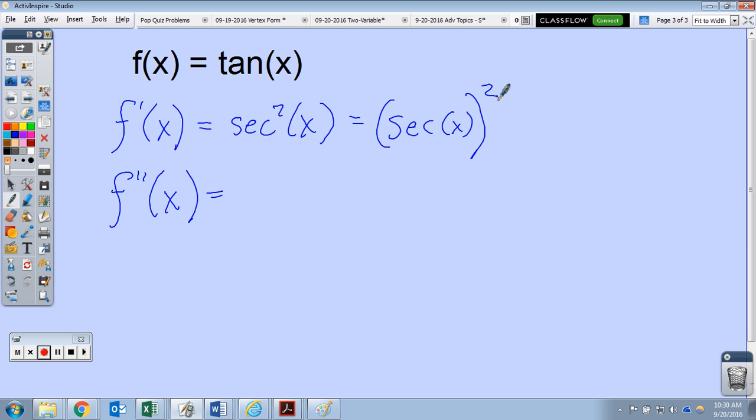So to do chain rule, look at the exponent on the outside, bring it to the front, leave the inside alone, drop this down a power, times the derivative of the inside, of the guts, if you will. Okay? And the derivative of secant x is secant x tan x.